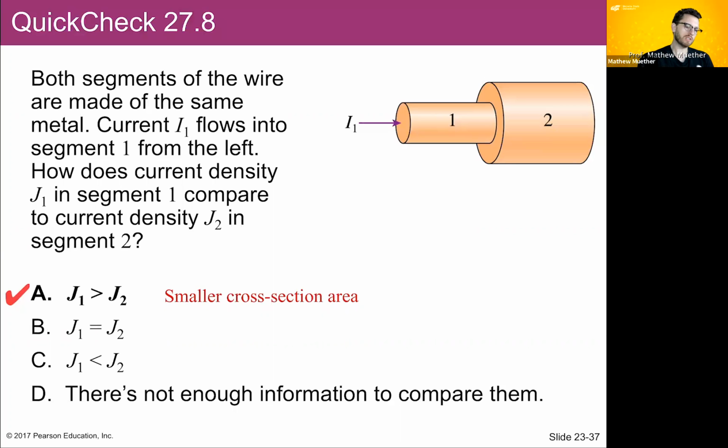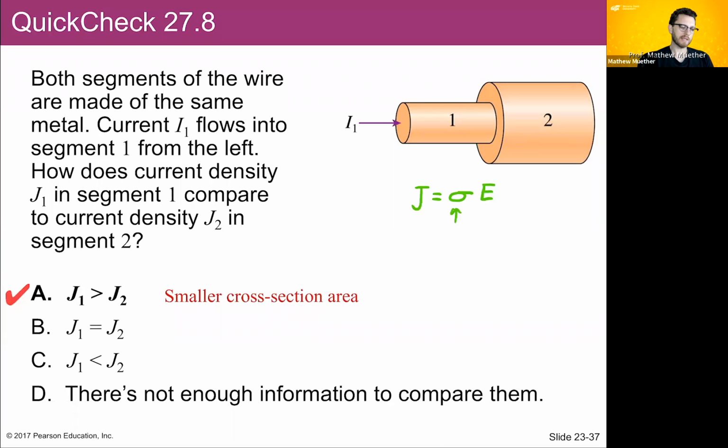Well, we just established this relationship that says the current density is equal to the conductivity times the electric field. Right? How do the conductivities compare between segment 1 and 2?